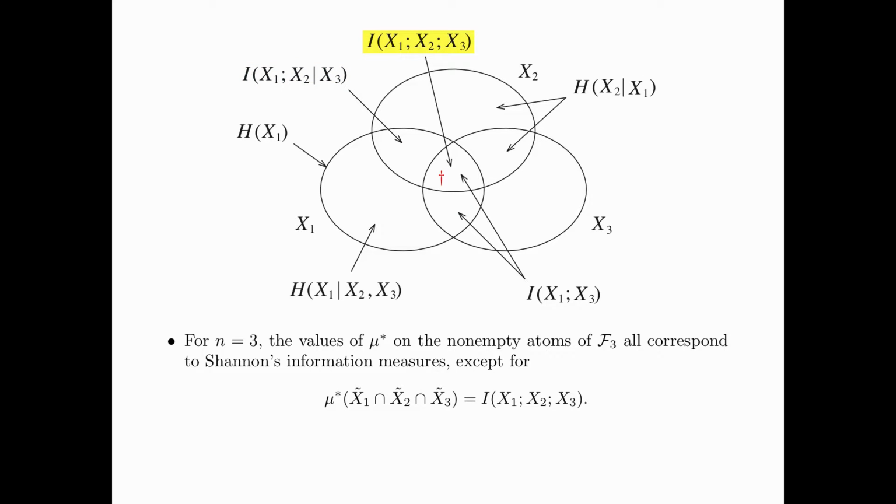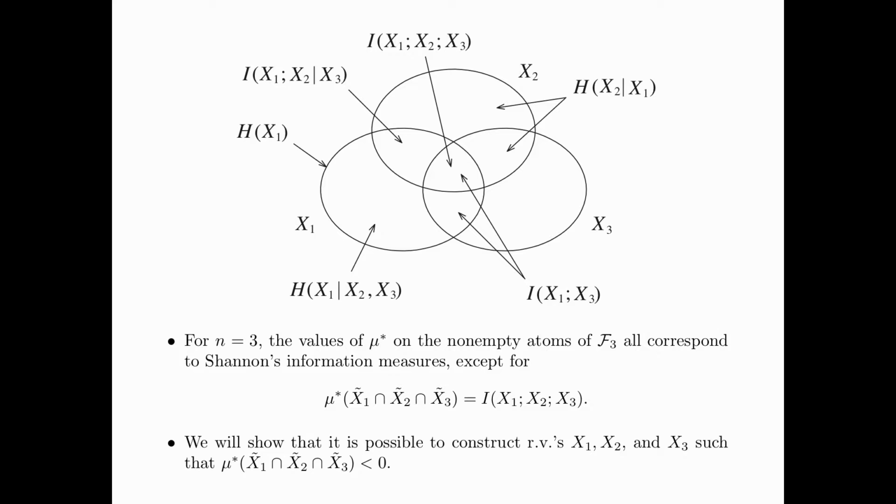However, the atom that corresponds to the intersection of the three sets, mu star x1 tilde intersect x2 tilde intersect x3 tilde, which in information theoretic notation can be written as I(x1; x2; x3), does not correspond to any Shannon's information measure.